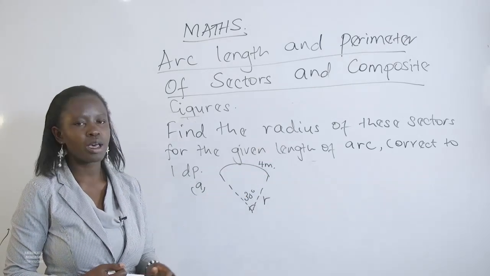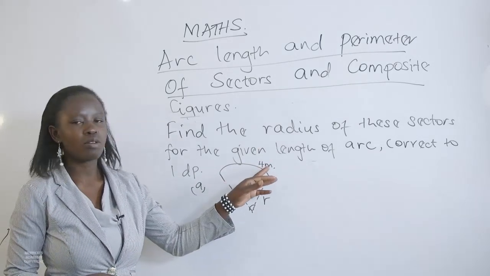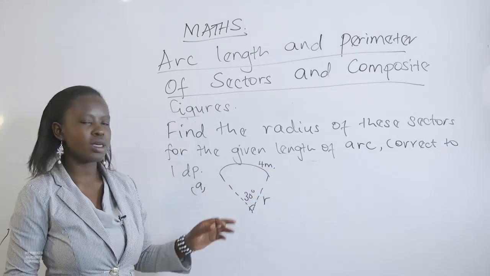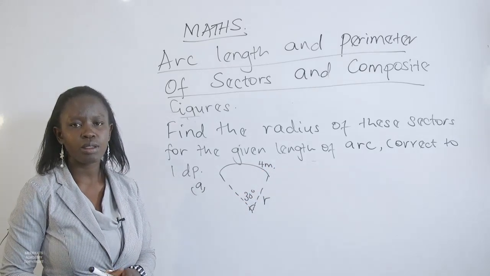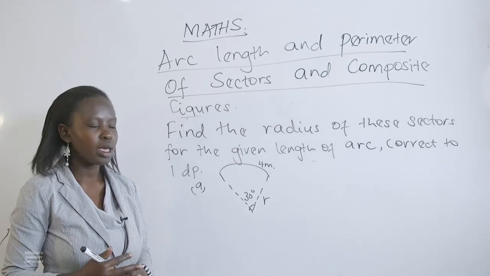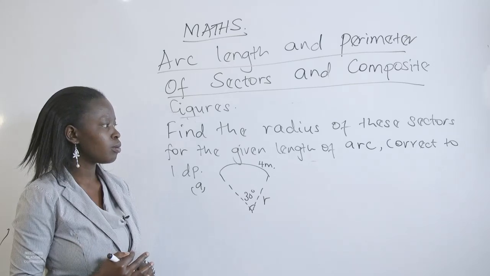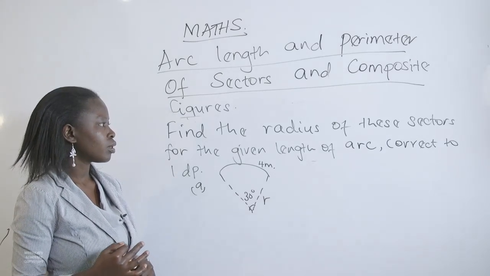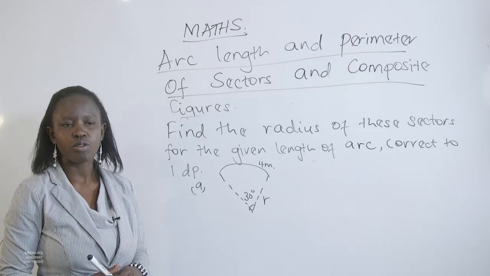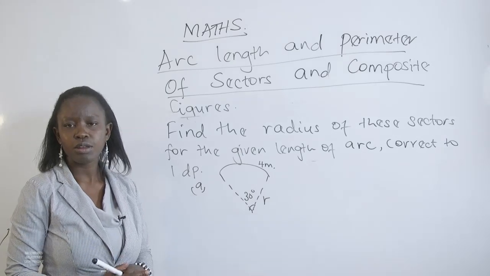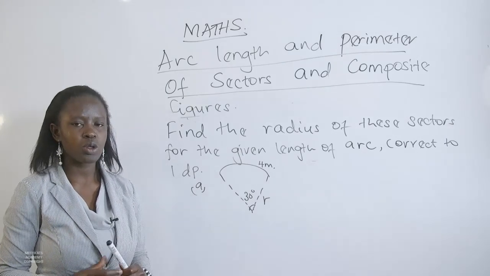Like whatever we are having in this case, we've been given the length of the arc and the angle subtended at the center of our circle, and we are required to find the radius of this given sector of a circle. So how do we get the radius from our calculation?